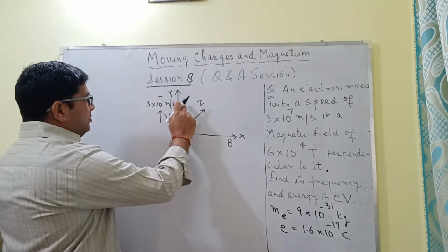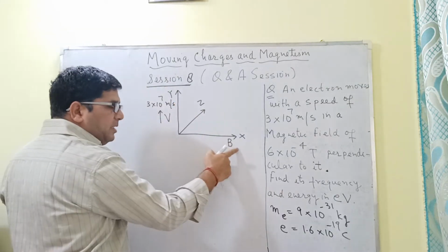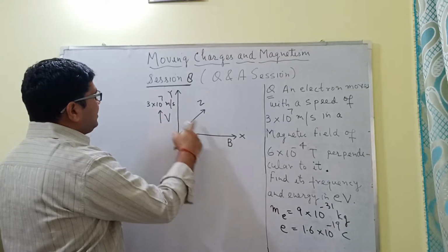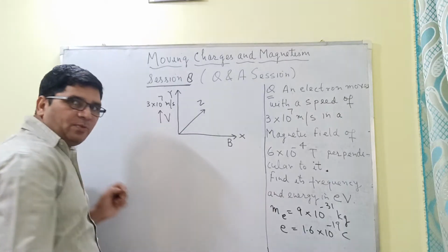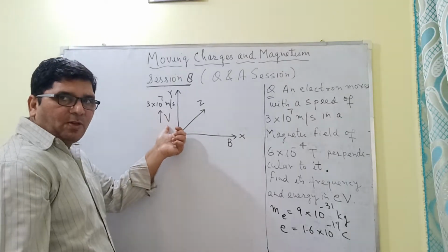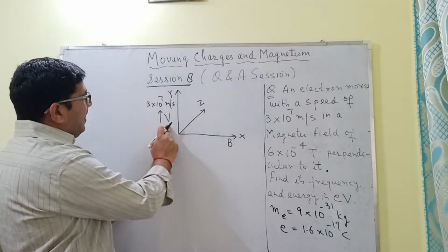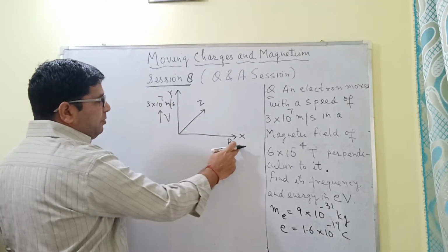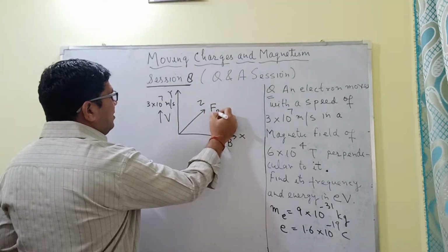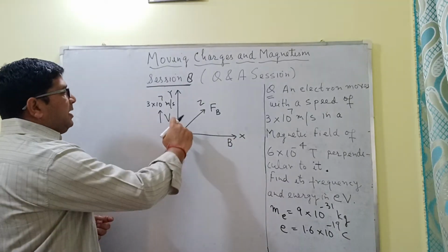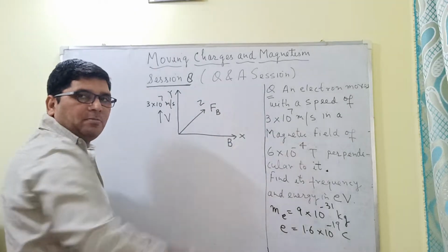So now in this case, we have taken the direction of the magnetic field along the x-axis, and I have taken the direction of motion of the electron along the y-axis. Since the magnetic force is perpendicular to the direction of velocity of this electron, and it is also perpendicular to the magnetic field, the magnetic force will be acting along the z-axis, and this magnetic force will drive this electron in a circular path.